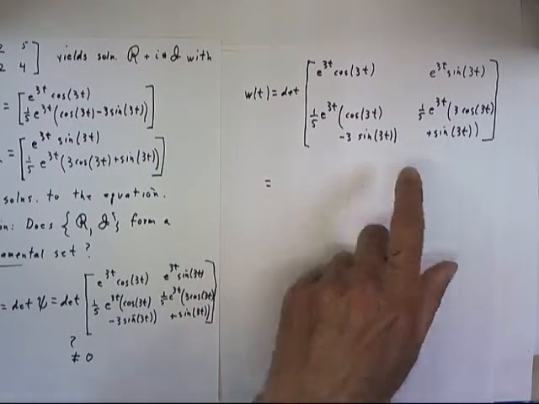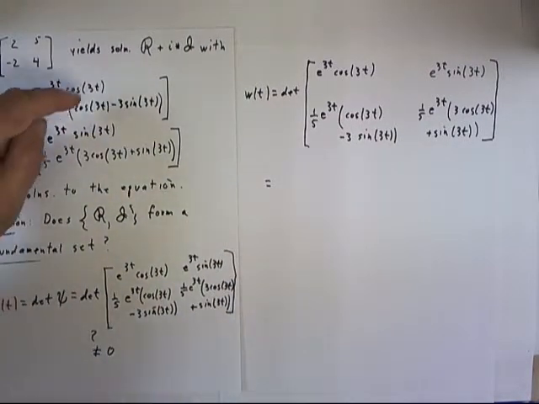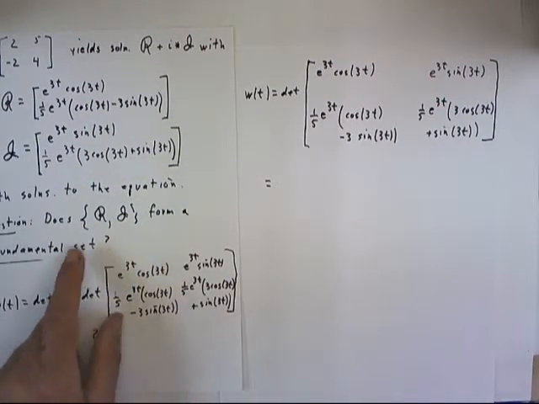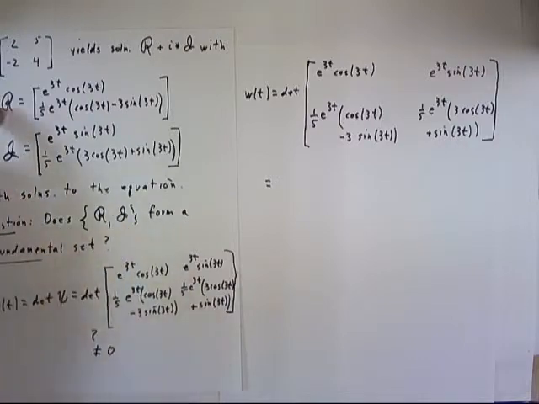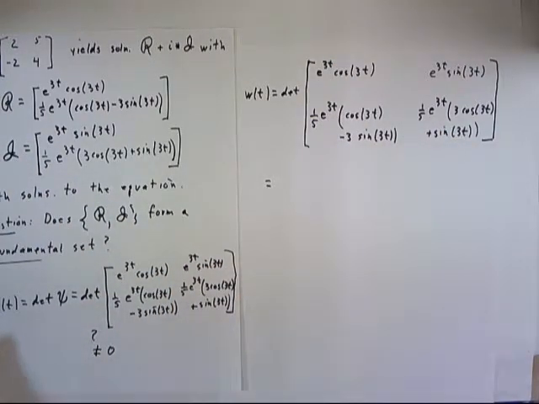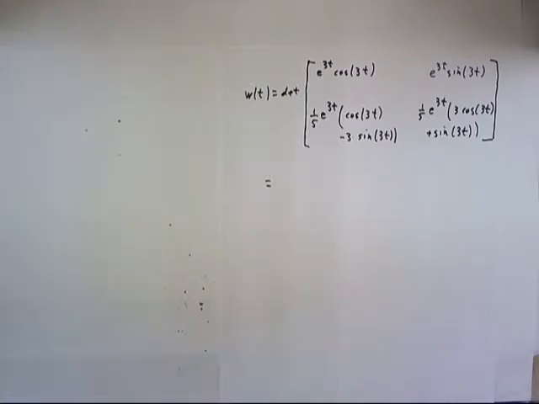Okay, I've simply rewritten the determinant, which is based on the real and imaginary functions, the proposed fundamental set script R, script I. We get this matrix, and we take its determinant. And the determinant is fairly easy to calculate.